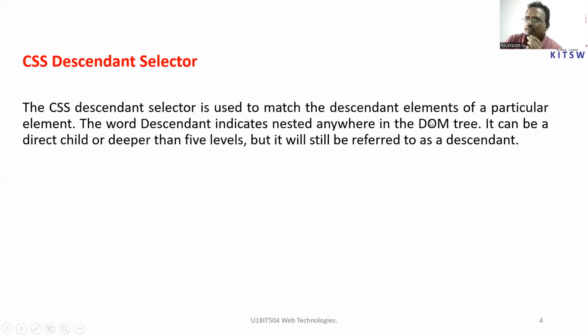Descendant selectors. First, we will discuss the descendant selectors. The CSS descendant selector is used to match the descendant elements of a particular element. The word descendant indicates nested anywhere in the DOM tree, the document object model tree.